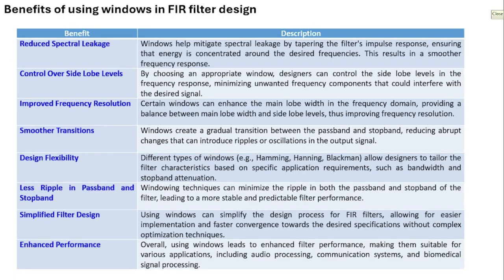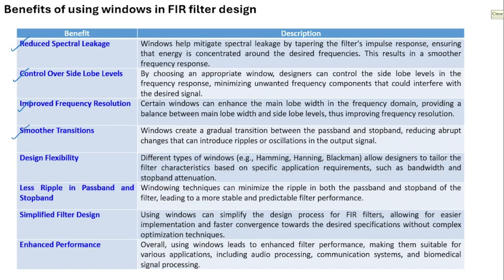Now, the benefits of using windows in FIR filters. The spectral leakage, that means the spreading of frequency components into adjacent frequency components, is reduced. So we can have control over the side lobe levels because our ripples are subsiding. Since there is a reduction in spectral leakage, there is improved frequency resolution.